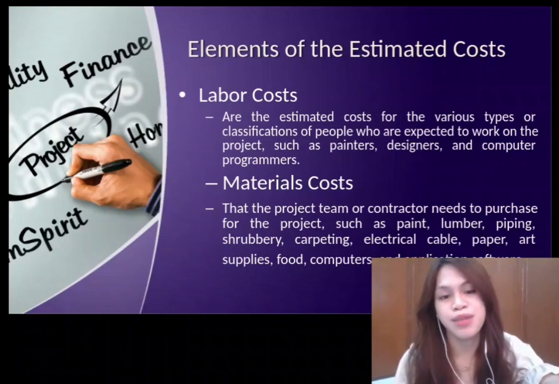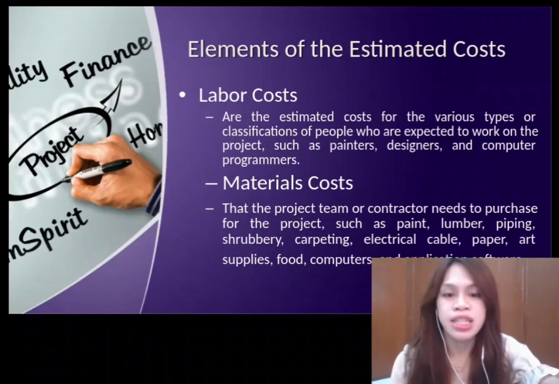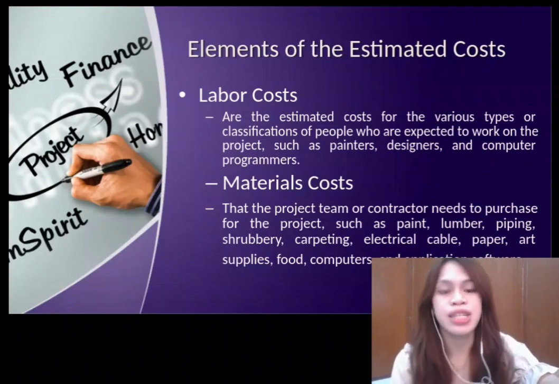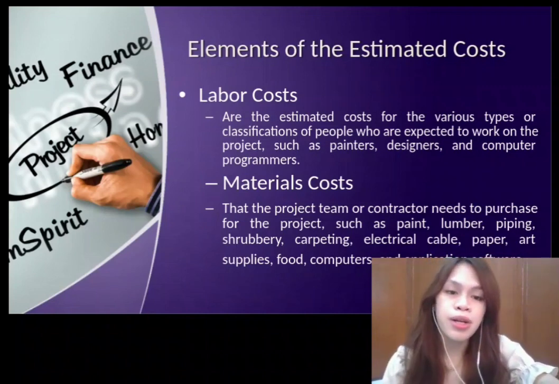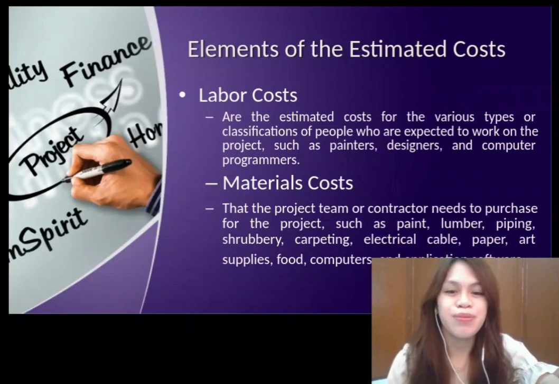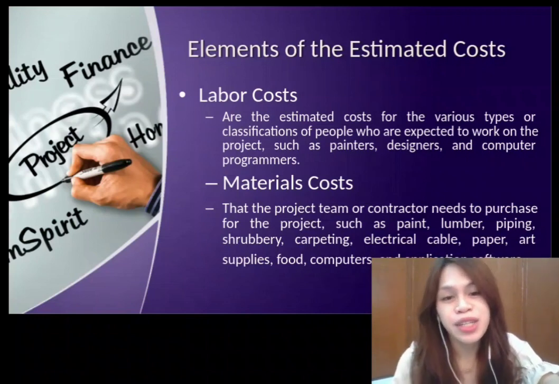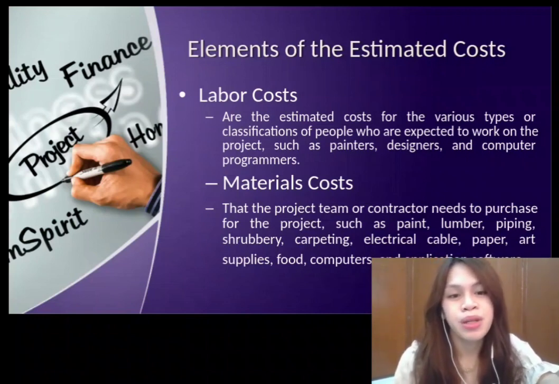These are the costs the project team or contractor needs to purchase for the project, such as paint, lumber, piping, carpeting, electrical cable, paper, art supplies, food, computers, and application software.